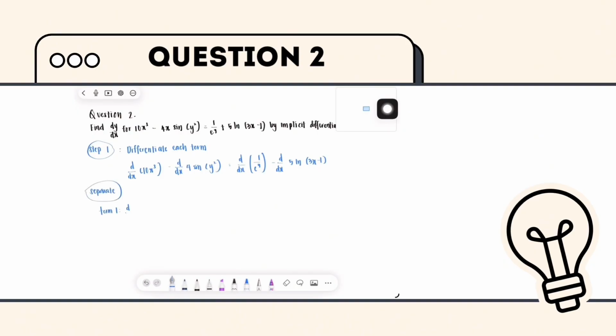Next, we will separate all the terms. For the first term, we need to apply the power rule and we will get 30x squared. For the second term, we need to apply the product rule and the chain rule.